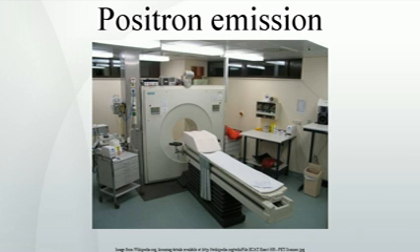Modern systems with a higher time resolution, roughly 3 nanoseconds, also use a technique, called time of flight, where they more precisely decide the difference in time between the detection of the two photons and can thus localize the point of origin of the annihilation event between the two detectors to within 10 centimeters.